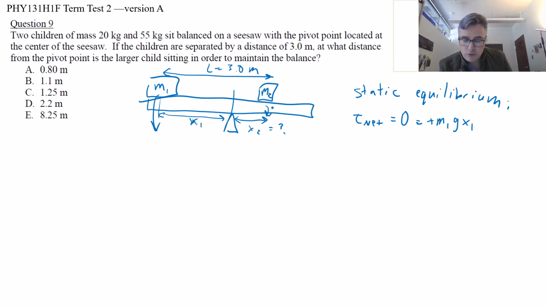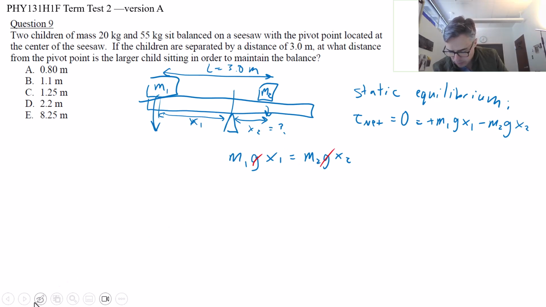And then M2 is pushing down in a clockwise direction, so minus M2 times G times X2. So we have that M1G times X1 equals M2G times X2. The G's cancel out in that equation, and we get X1, which we don't care about, is equal to M2 over M1 times X2.